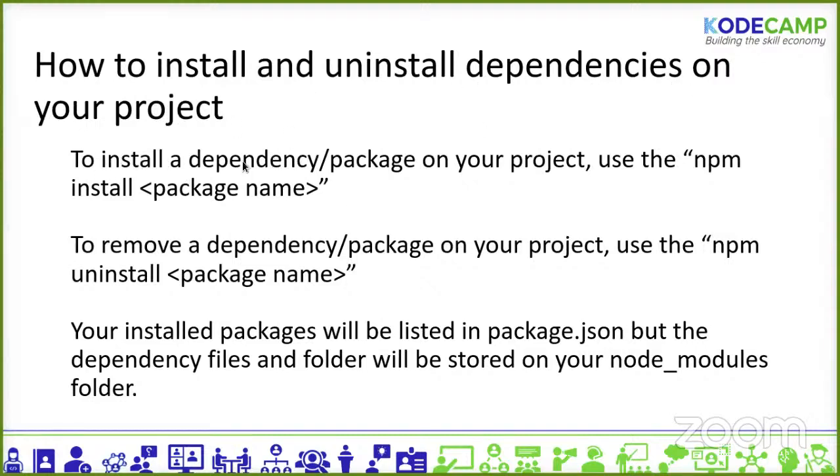If you want to install a package which will be saved as a dependency on your project, you use npm install, then you write the package name. So if I want to install Express, I'll write npm install express. If I want to remove Express from my packages, I use npm uninstall, then the package name. Your installed package will be listed in package.json, but the dependency files themselves will be stored inside the node_modules folder.